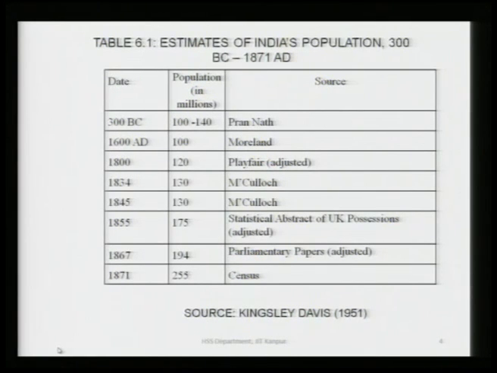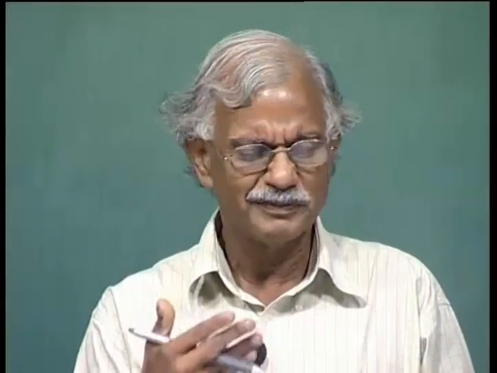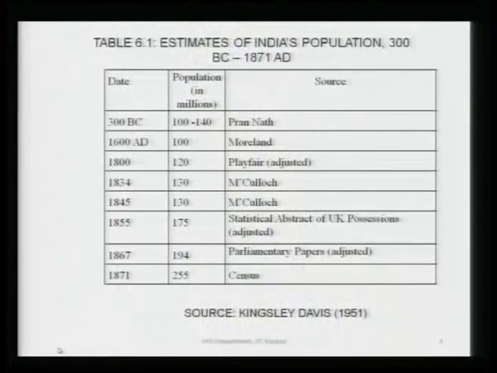There must have been some errors in estimation of population at all these dates. Maybe, we don't know, 2%, 5%, 10%. But one thing is clear, that if around 300 BC population of India is 100 to 140 million and in 1600 it is 100 million, then there has not been much growth in India's population during this time.